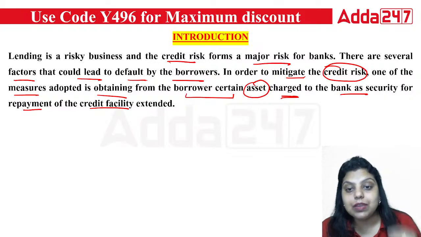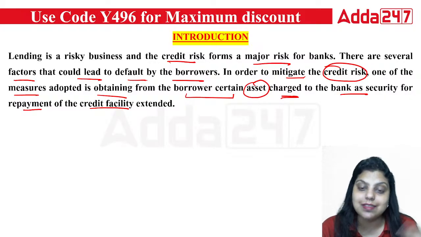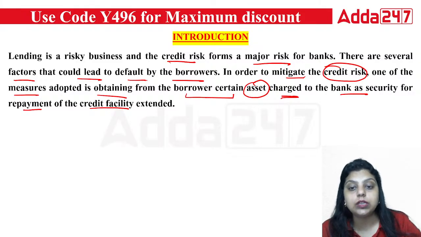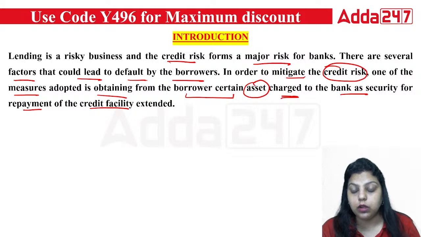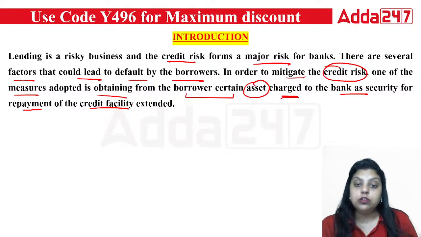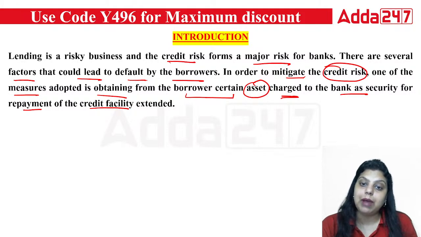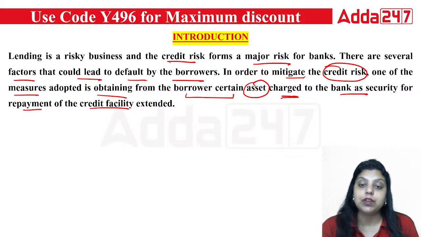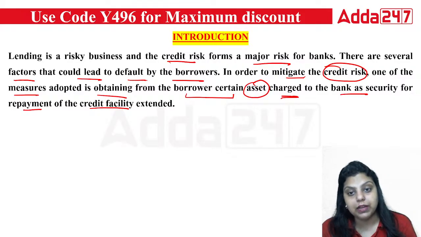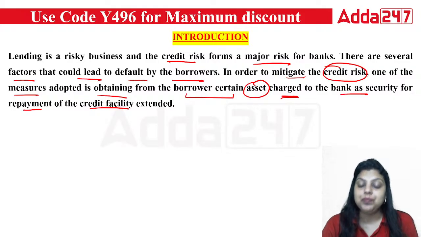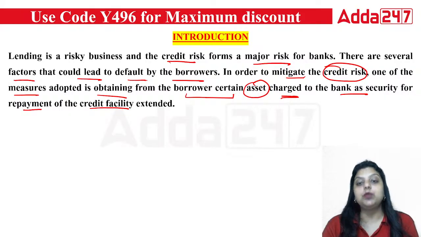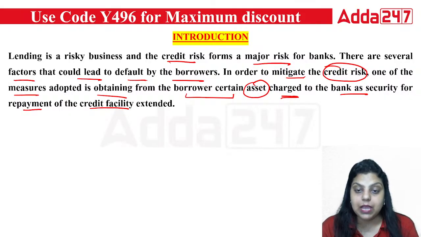Might be after 1 year or 2 years or 3 years from the start of the installments, the customer is not paying the loan. That creates a credit risk, a default risk for the bank, that might convert itself into a liquidity risk or a financial risk. So that's why the bank wants to be secure while providing the loan, and that's when the concept of security or collateral came into the credit facility extended by the bank.